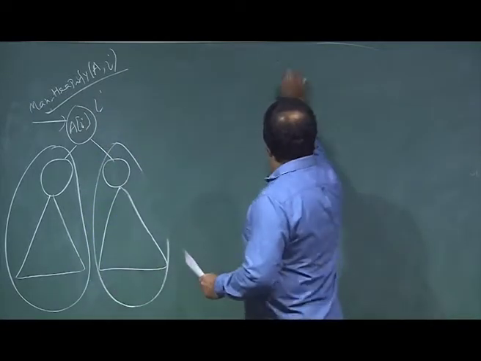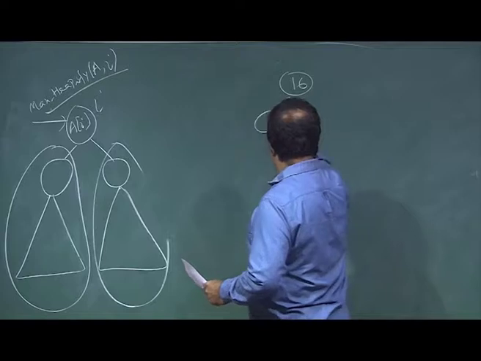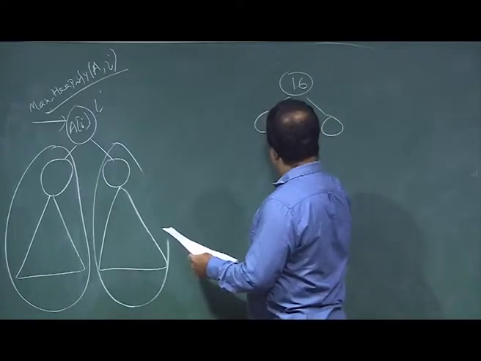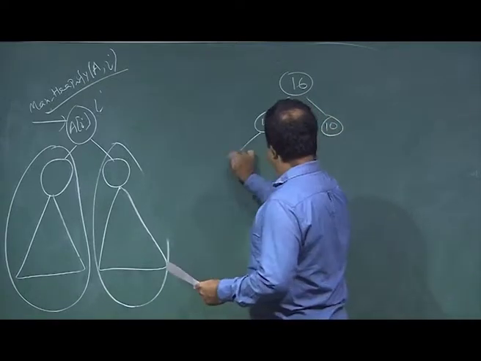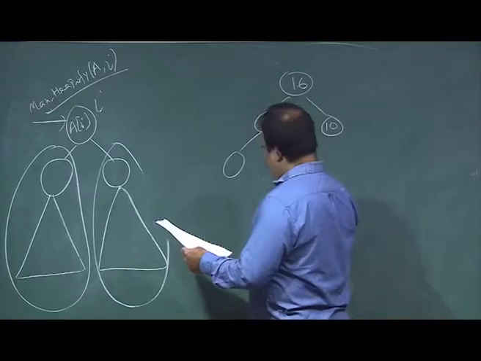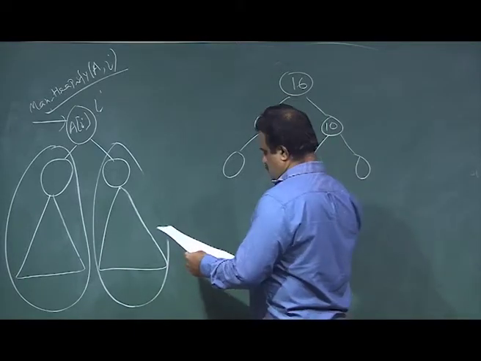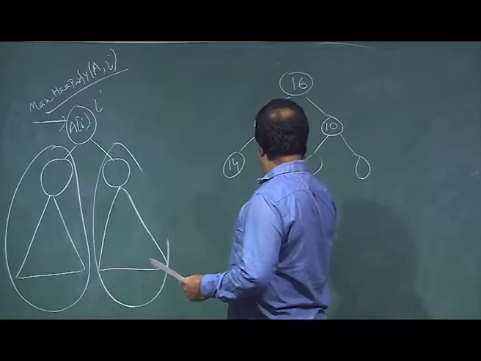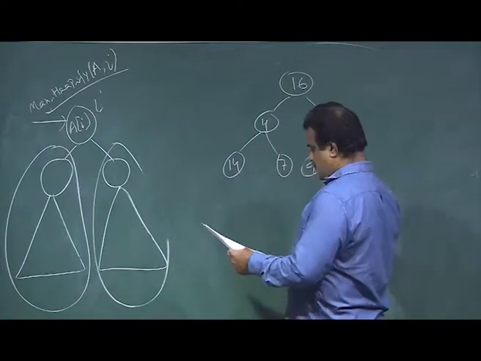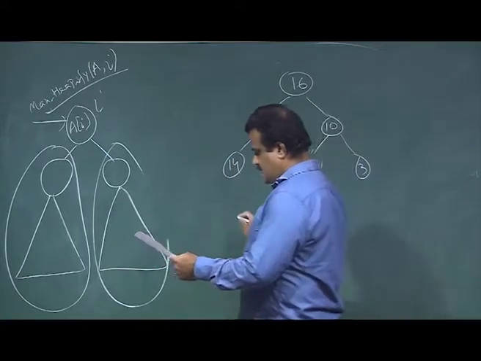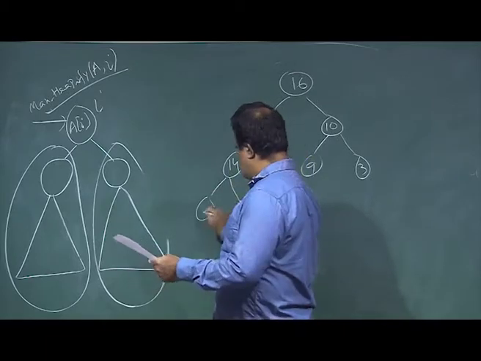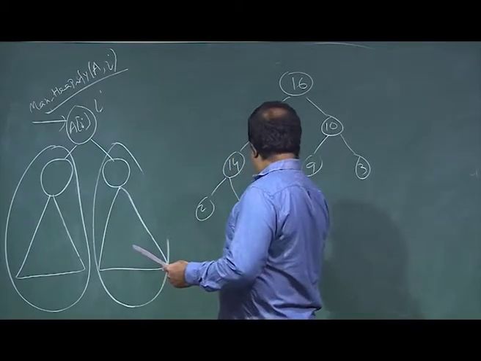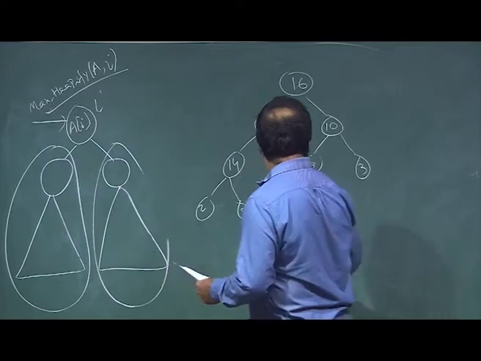Suppose this is a given input. So, we have 16, 4, 10, 14, 7, 9, 3, 2, 8 and 1. So, what is the array?